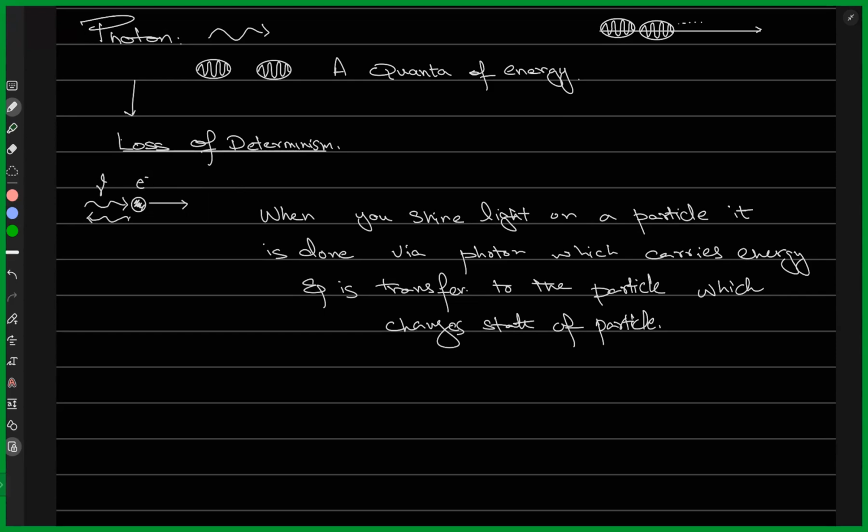It changes its velocity. What does that mean? As soon as I observe this electron, again, you can observe things by throwing something at them. In this case, we throw light at our particle to observe the state of the electron.